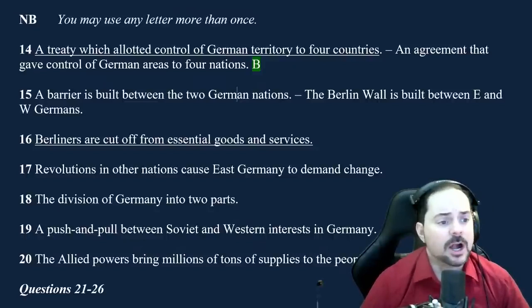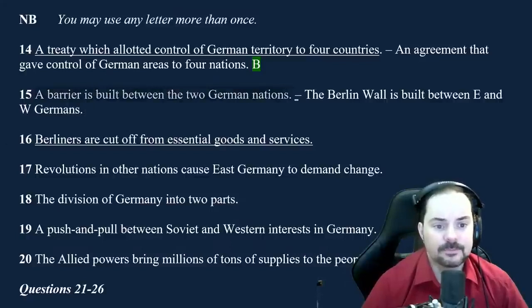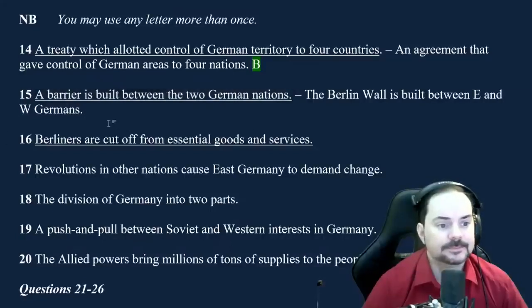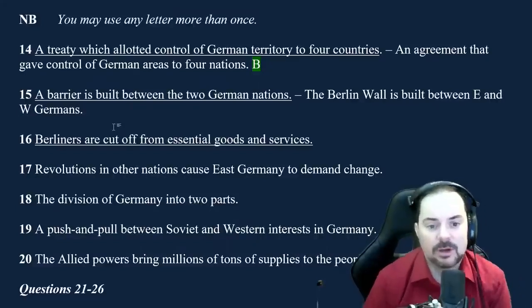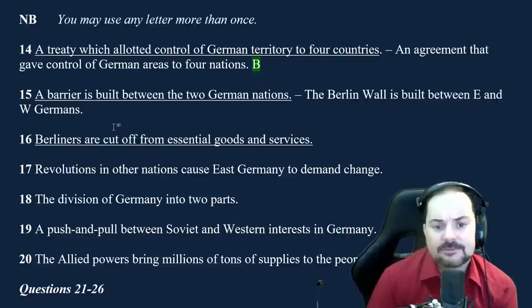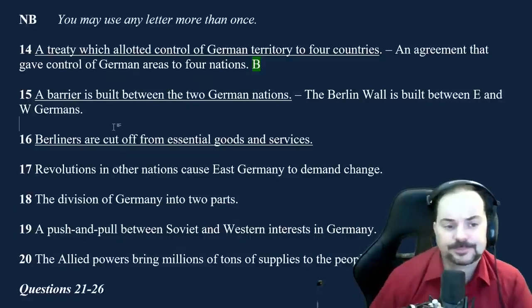Okay, Phuong, let's read 15. Go for it. Okay, sir. Fitting a barrier is built between the two German nations. Okay, and we know that there we're talking about the Berlin Wall, right? So whereabouts is this information coming from?